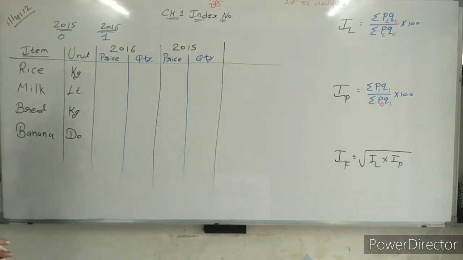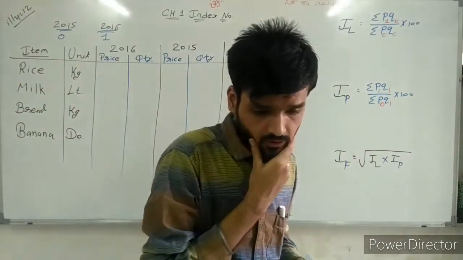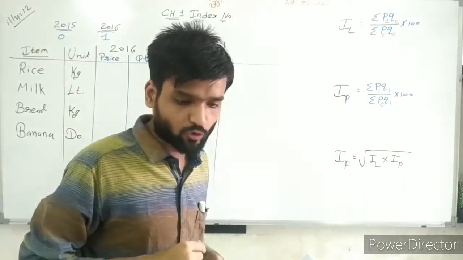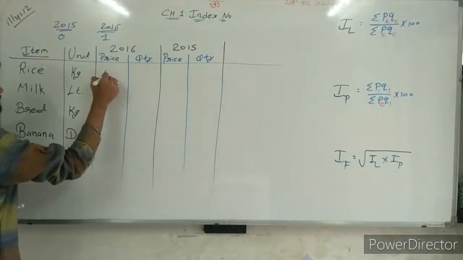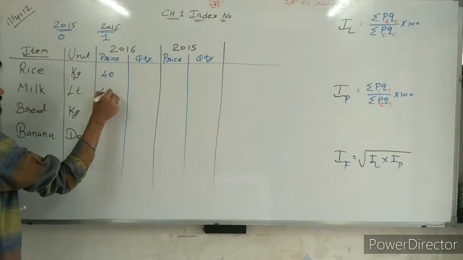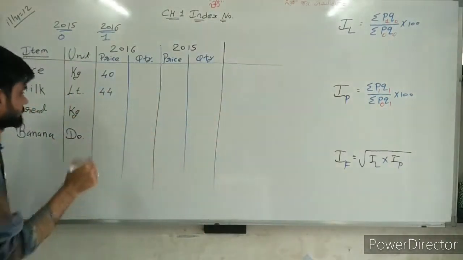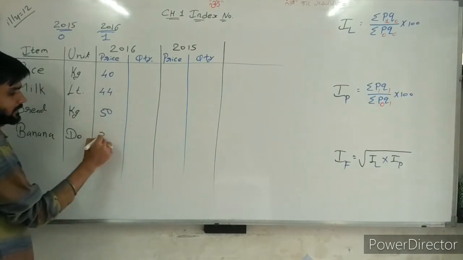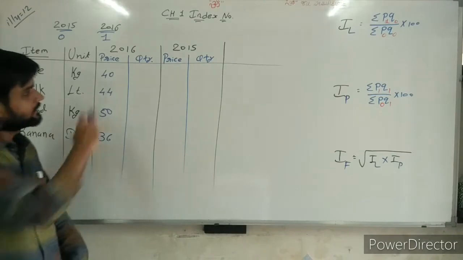Now writing what is given. What is the price of rice here? So 40, 44, 50 and 36, different items' prices given in 2016.